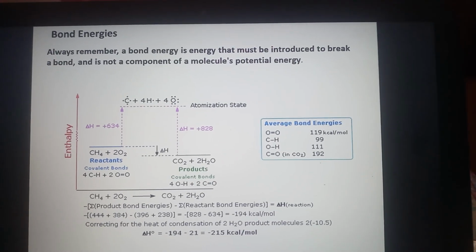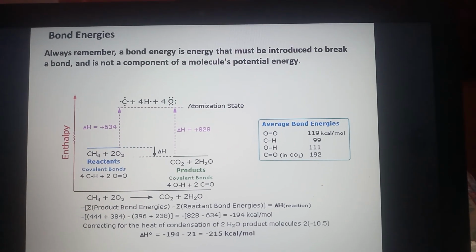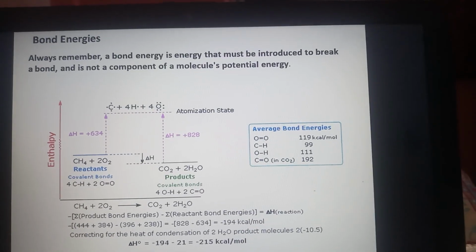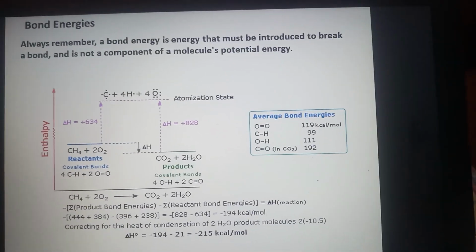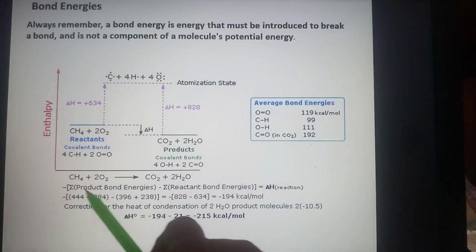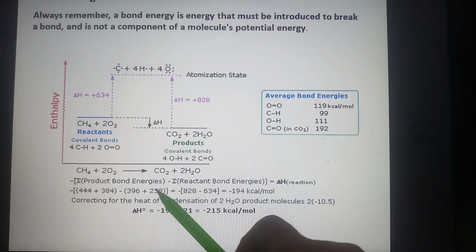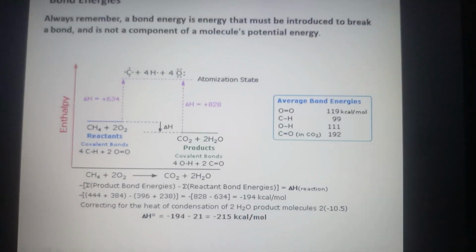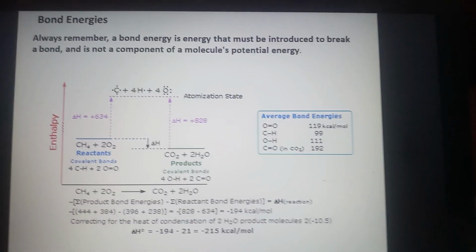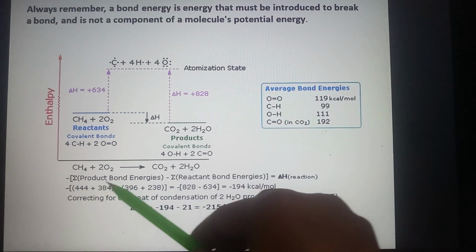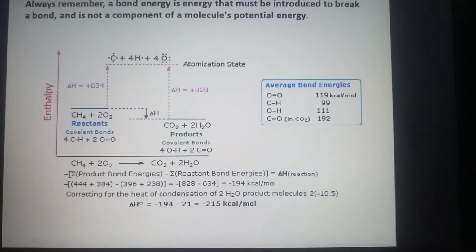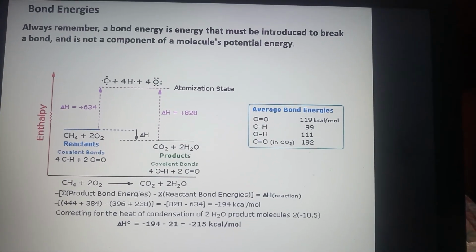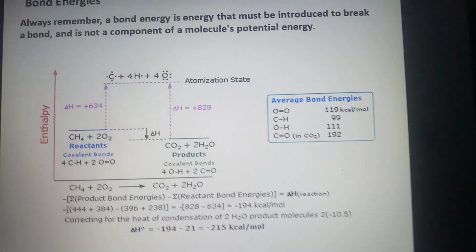Bond energies may be used for rough calculation of enthalpies of reaction. To do so, the total bond energies of the reactant molecules must be subtracted from the total bond energies of the product molecules, and the resulting sign must be changed.